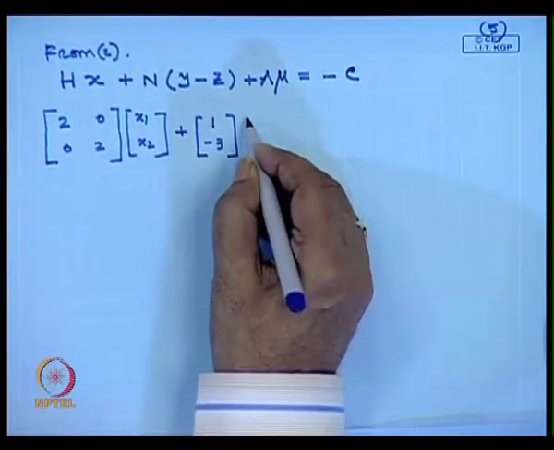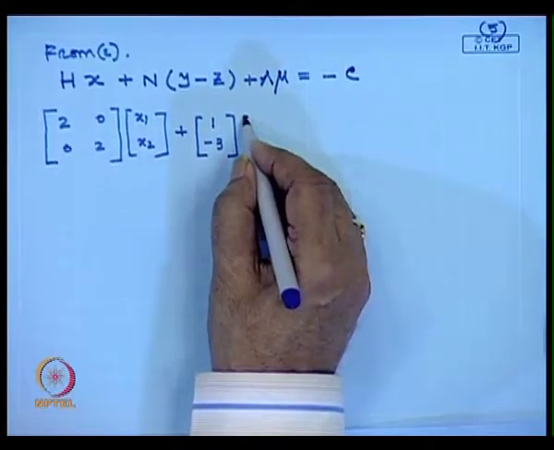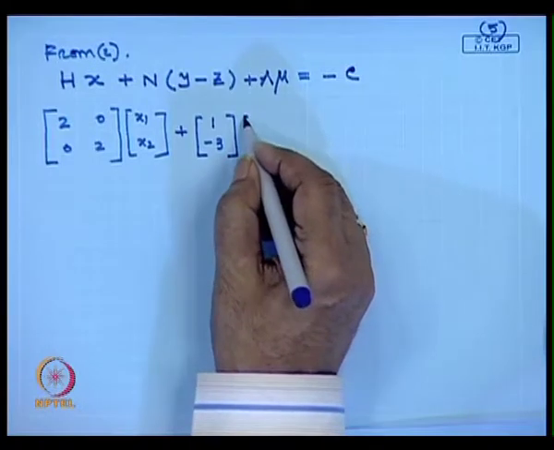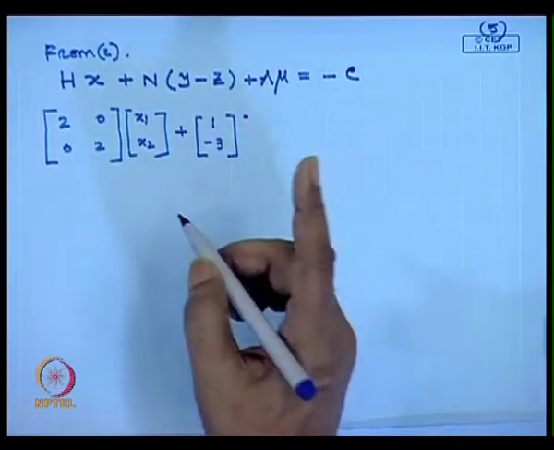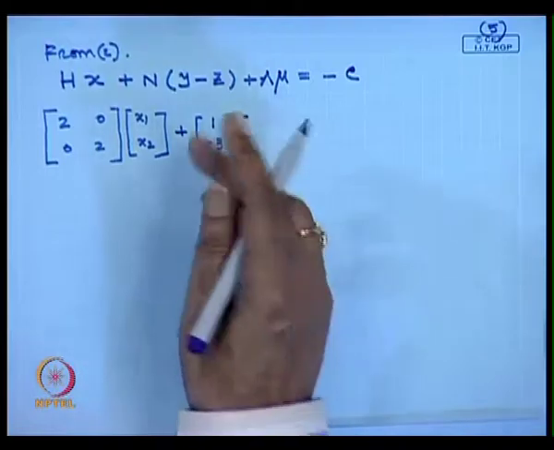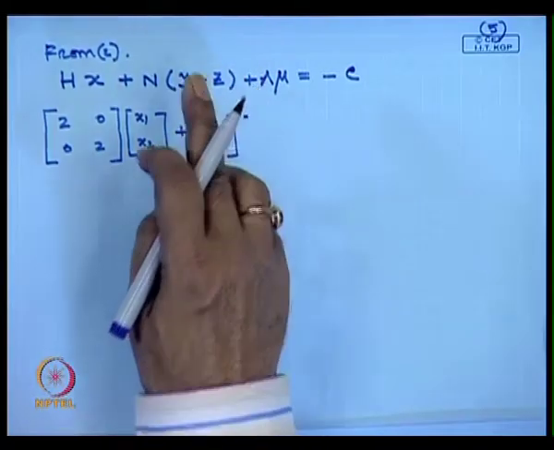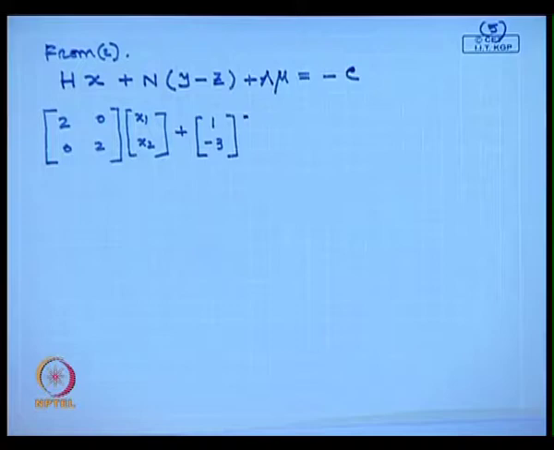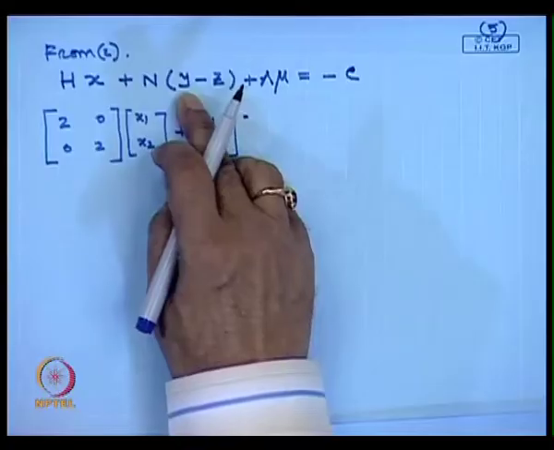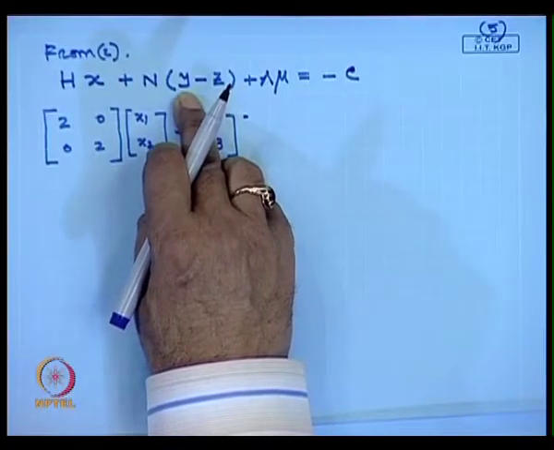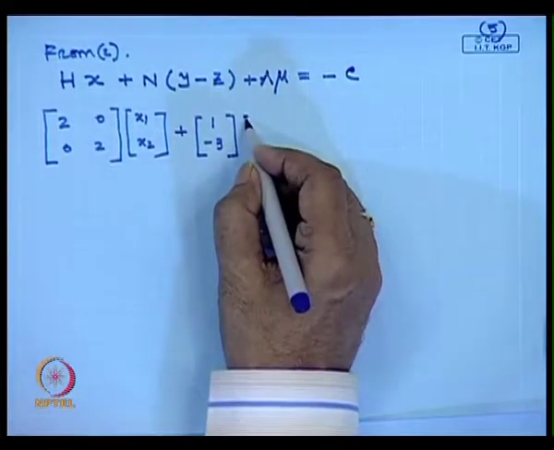Then y is the lambda, because there is only one equality constraint. So that dimension, for our particular example, is 1.